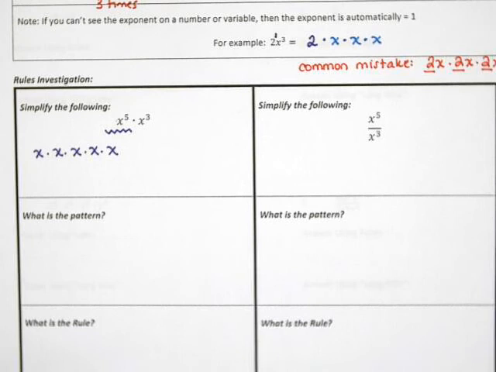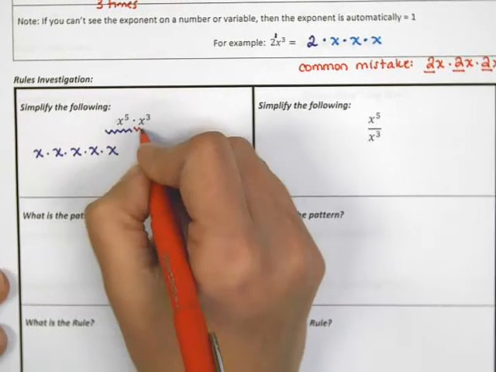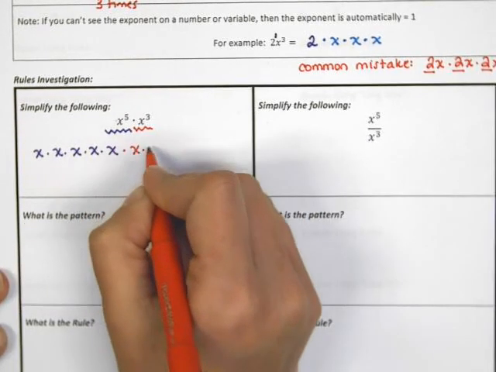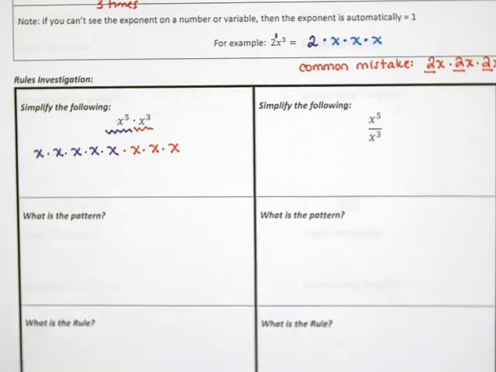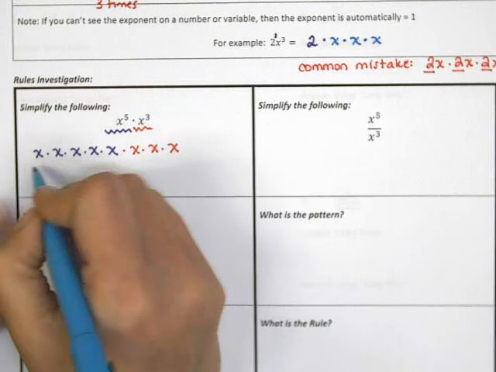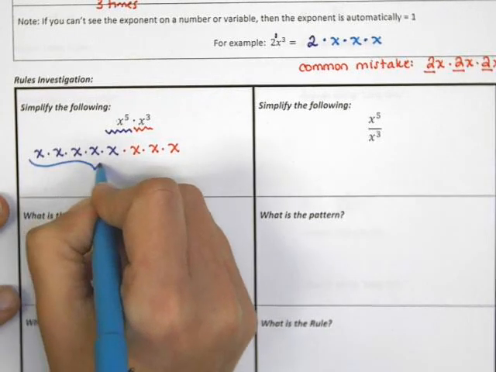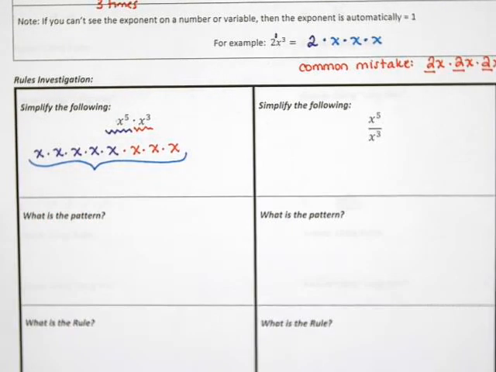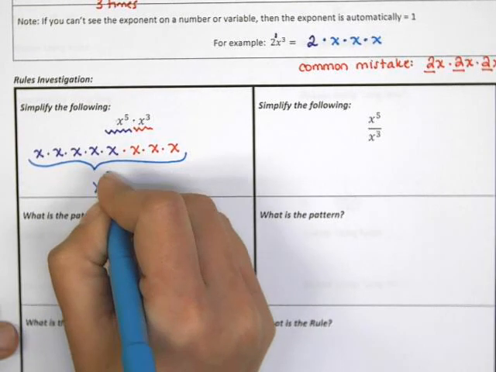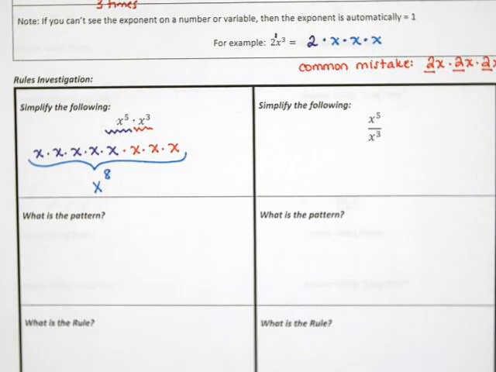I could rewrite x to the 3rd as x times x times x. Now when I write it out like that, I can see this is really one big long multiplication problem. So if I wanted to simplify that, I could say, well, in total here, I am multiplying x together 8 times. So my simplified answer would be x to the 8th.